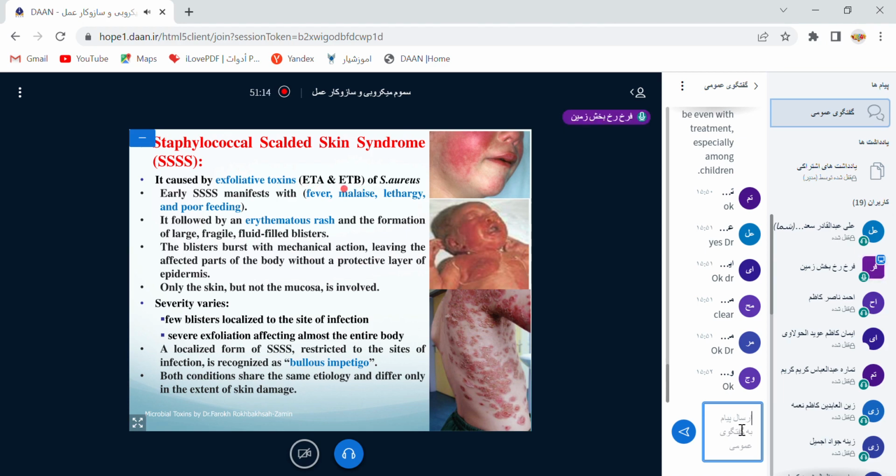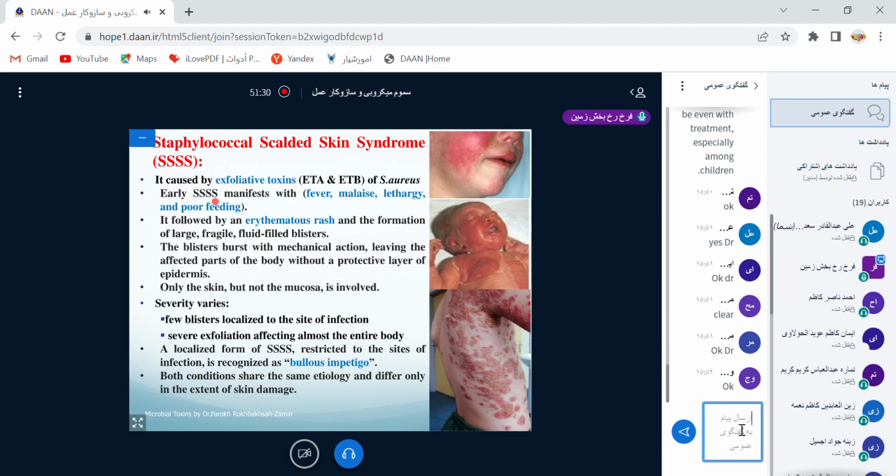These 2 types of toxins have many similarities and a few differences. They are very similar in action.